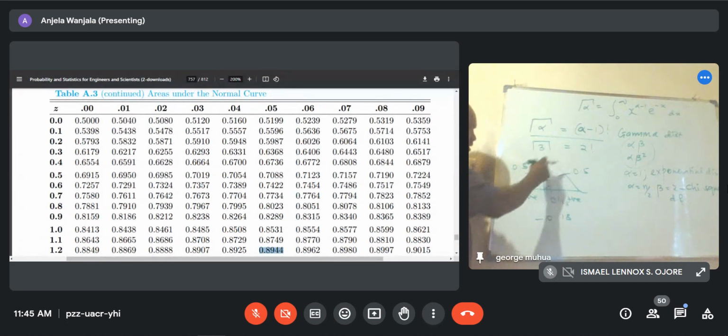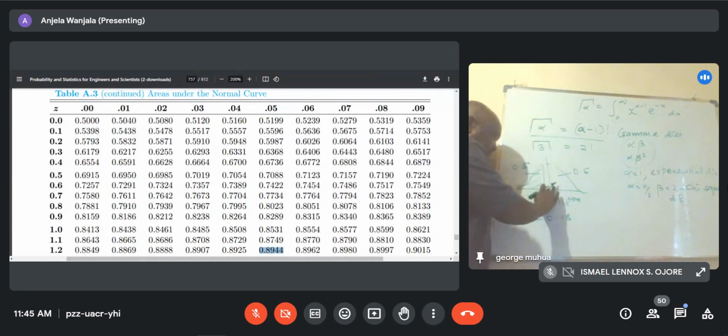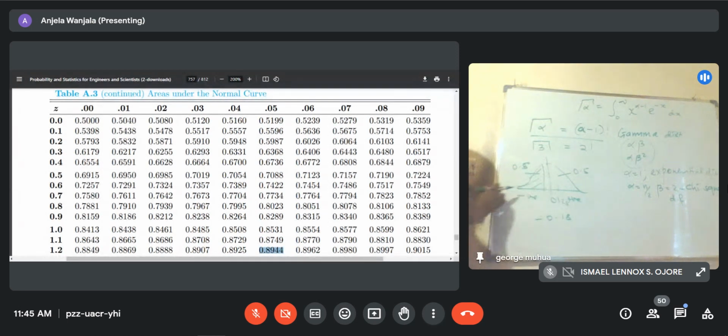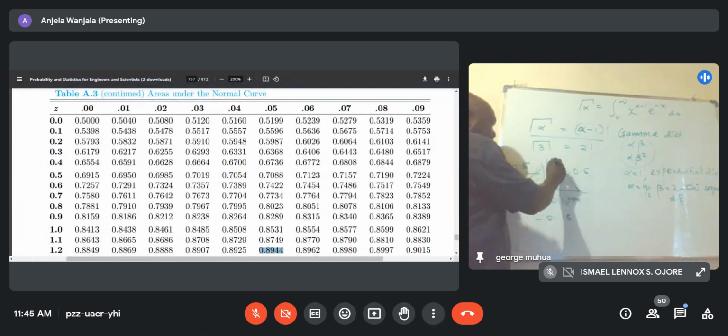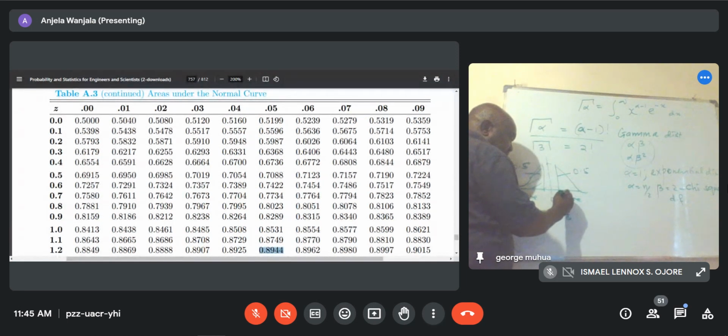So it will not be the entire shaded part that we were looking at. In this case, if it is less, we are looking for the left of that. Because of symmetry, the area between 0 and negative 0.18 is the same as the area between 0 and positive 0.18.